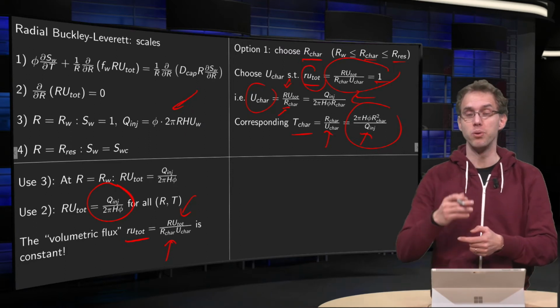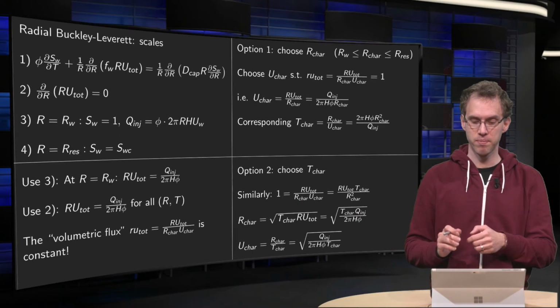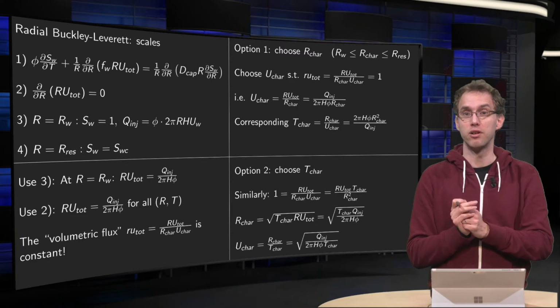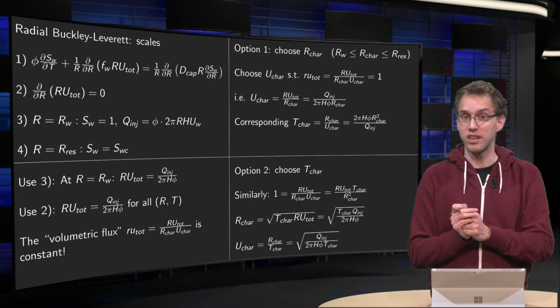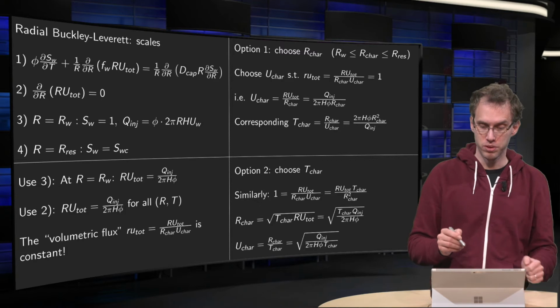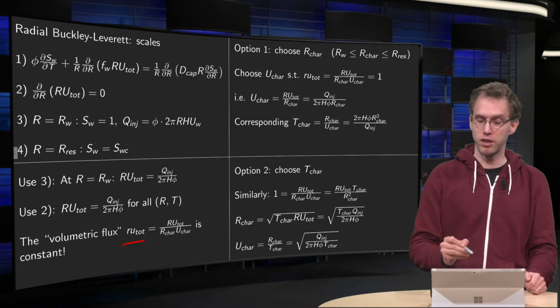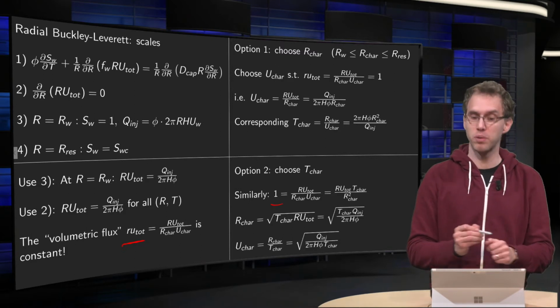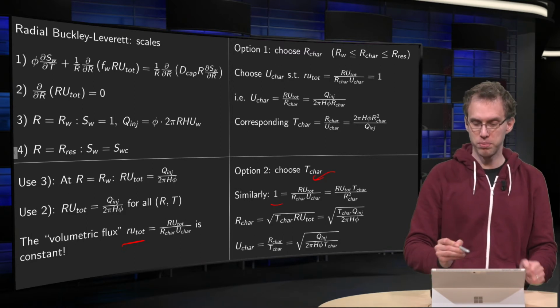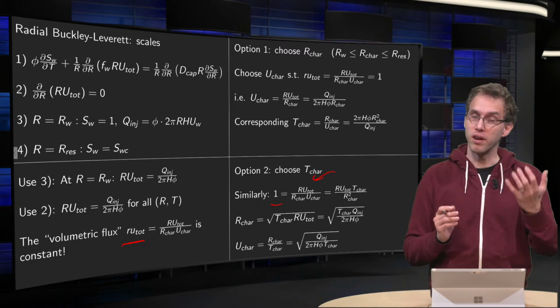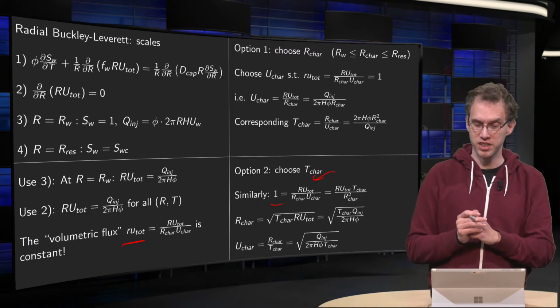The other option is to choose T characteristic and then compute your R characteristic. You do a similar trick. You again want your R U total to be equal to 1, so this quotient you want to be equal to 1 for some given T characteristic.